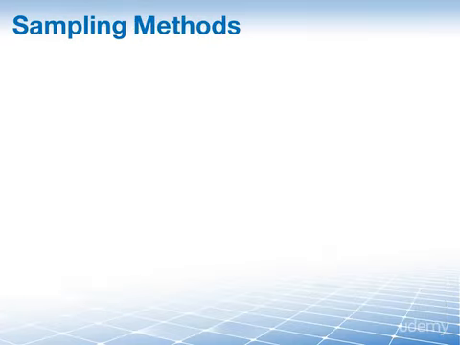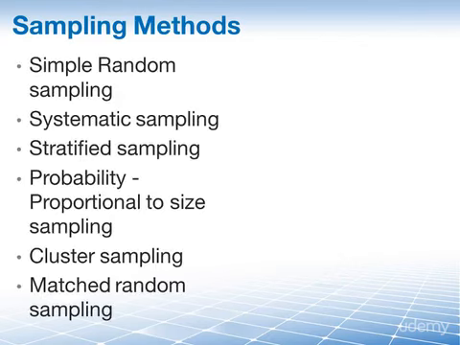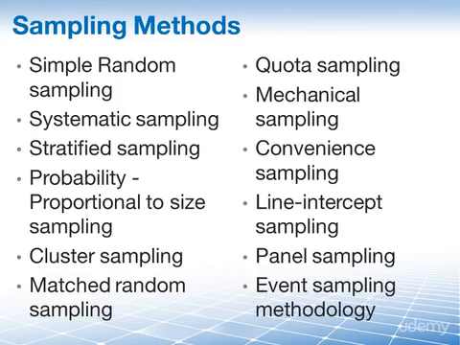There are many sampling methods, and here's a list of 12 such sampling methods. Simple random sampling, systematic sampling, stratified sampling, probability proportional to size sampling, cluster sampling, matched random sampling, quota sampling, mechanical sampling, convenience sampling, line intercept sampling, panel sampling, and event sampling methodology.